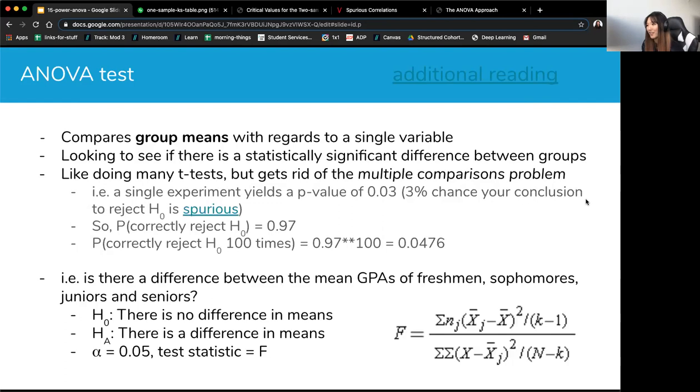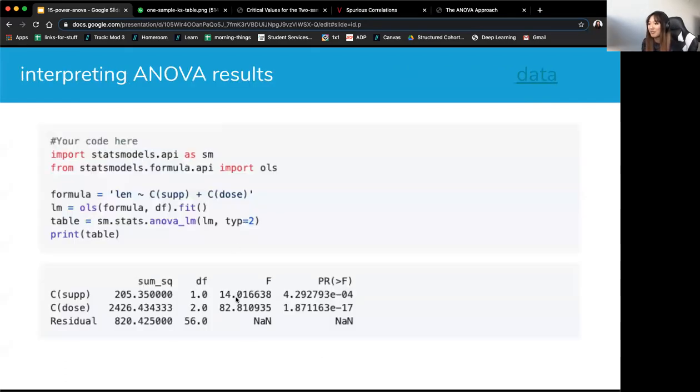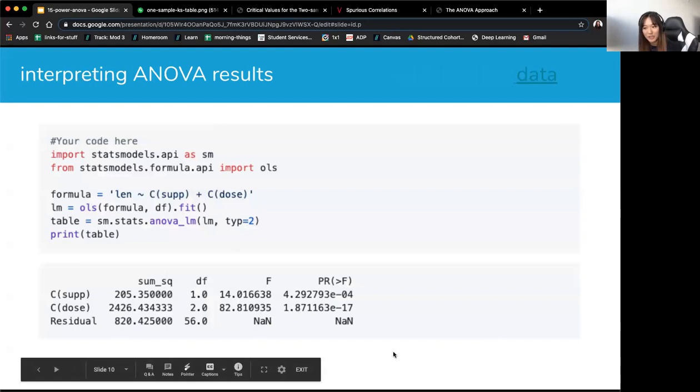And this is sort of like a preview into linear regression. This is how an ANOVA test outputs in Python. So we're actually going to be talking about this syntax a lot more at the end of the week going into next week, because this is what we'll be doing for our project.